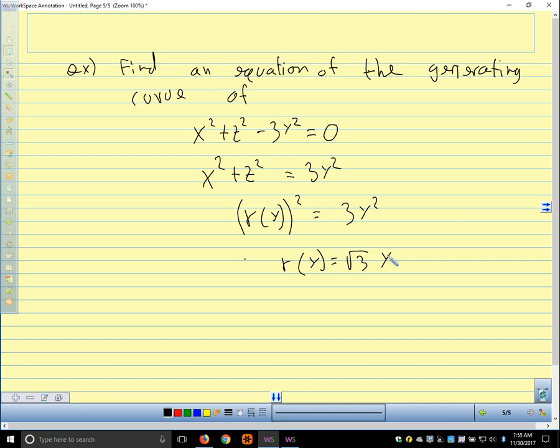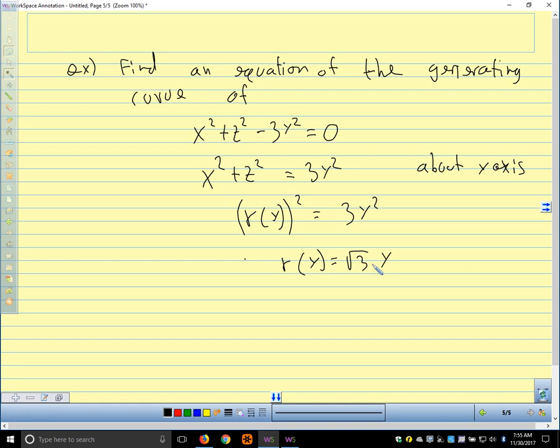So what axis are we revolving this about? We're revolving about the y-axis. So for revolving about the y-axis, we have our radius as a function of y. What would be our equation? So this is our radius function.